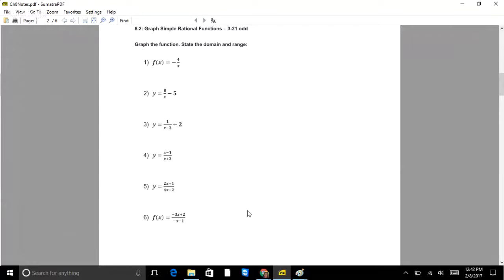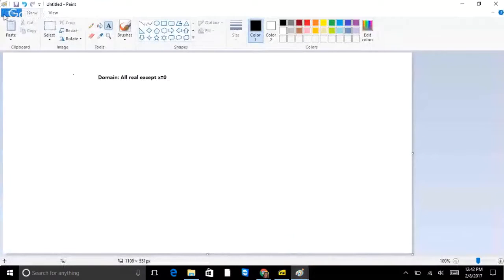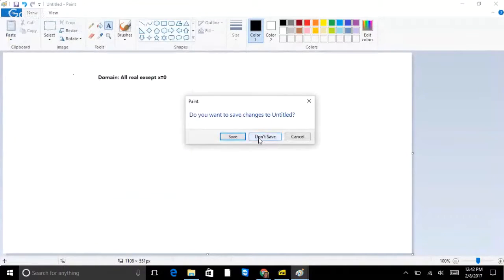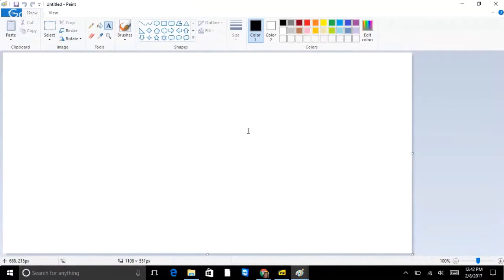The chapter is called Rational Functions, and I want to start off with a couple concepts before we jump right in. Okay, what is a rational function?